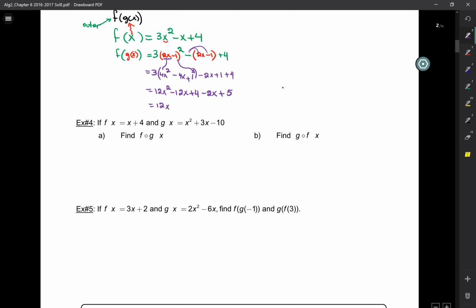So this is 12x squared minus 14x plus 9. And this is f of g of x. Okay, so that's the answer there.